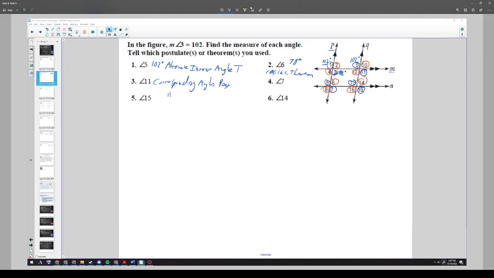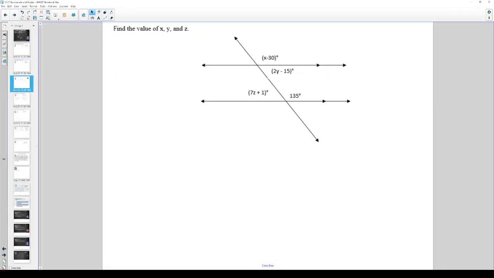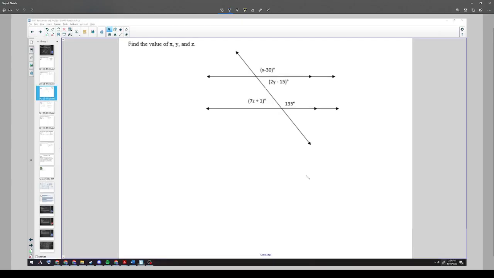And number 14, we knew number 6, 14 is also going to be 78 because it's corresponding with number 6. So we know all 16 of these angles just by knowing one of them, since we have 2 pairs of parallel lines.